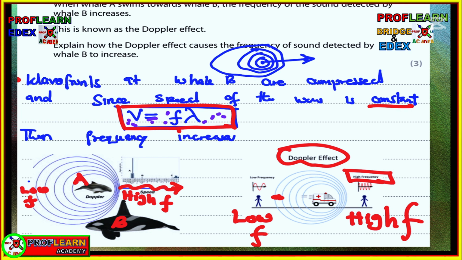So the frequency is going to be changing when we are talking about the Doppler effect. So a person who is in front of the source, as the source is approaching, will hear a high pitched sound compared to the person who's behind, who will hear a low pitched sound, because we know frequency determines the pitch of sound, but amplitude determines how loud a sound is.